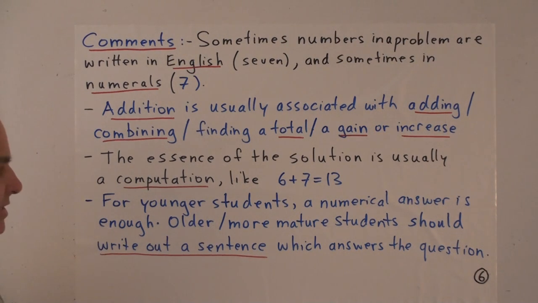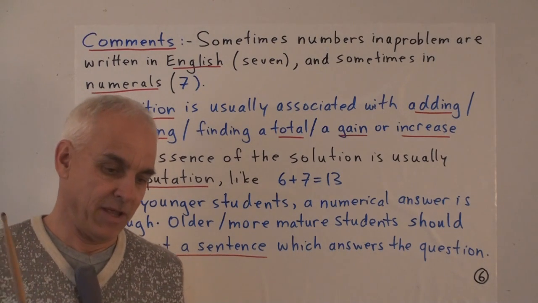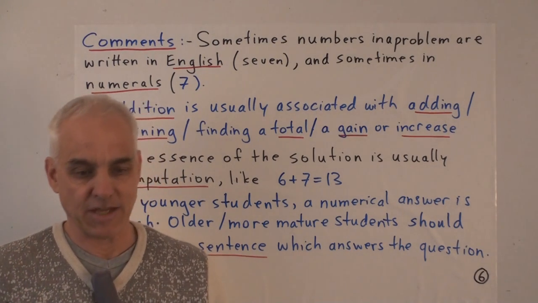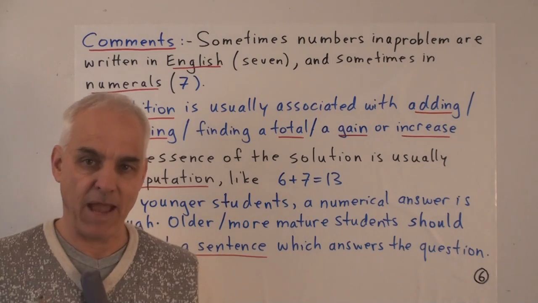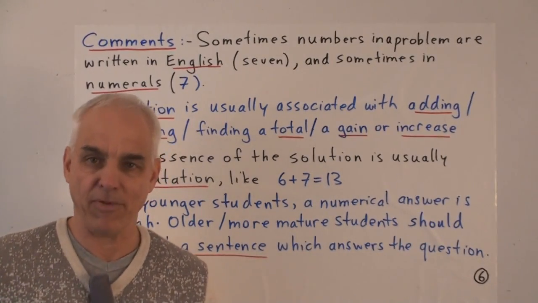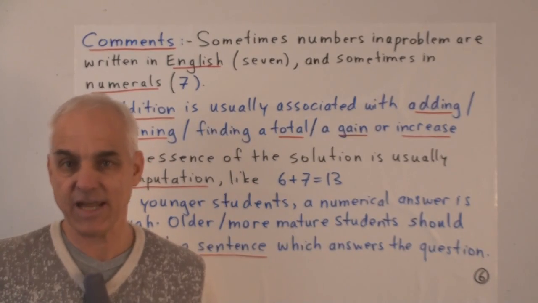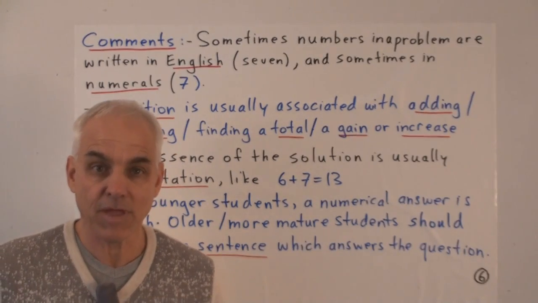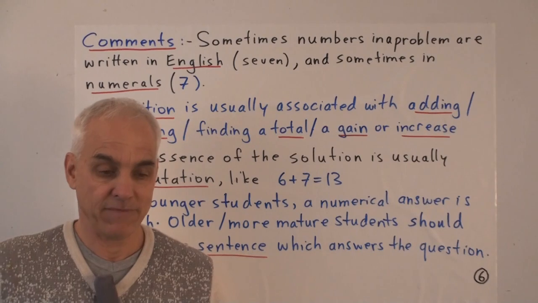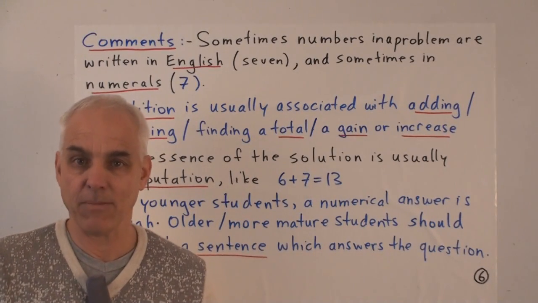Now, for younger students, a numerical answer is enough. If you're given a very young student, you ask them, Bob had 3 apples, and then someone else gave him 4 apples. How many apples does he have altogether? The young student will just say 7. That's probably all that they will say. If they write something down, they will only write down the number 7.